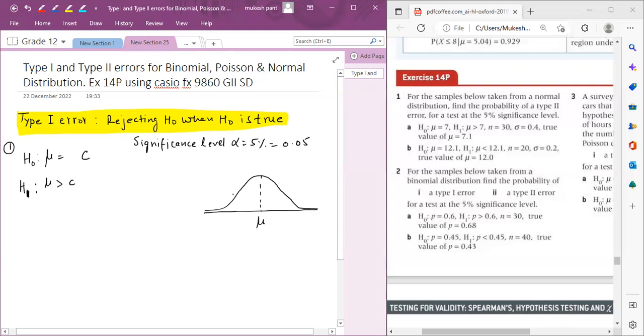Okay, so what you have to keep in your mind: what is the type 1 error? Type 1 error is rejecting H0 when H0 is true, right? So we have to reject H0. It means we have to find the probability of rejecting H0 when H0 is true.